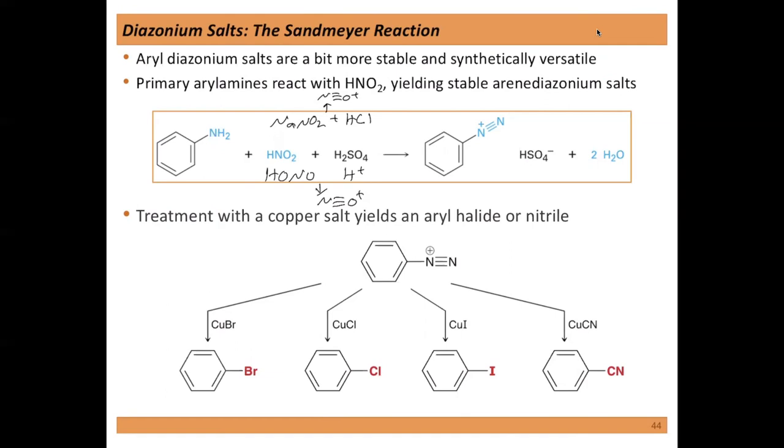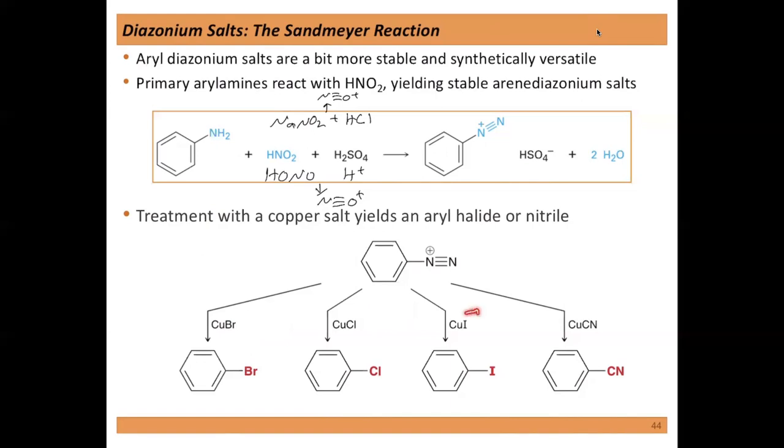And once you have made that diazonium, what you can do is throw in a bunch of these copper(I) salts. Either copper(I) bromide, and poof, it will replace this diazonium with bromide. We'll throw in copper chloride. Poof, it replaces the diazonium with a chloride.